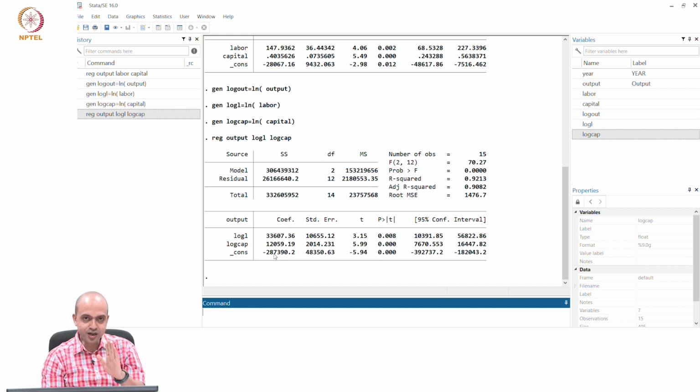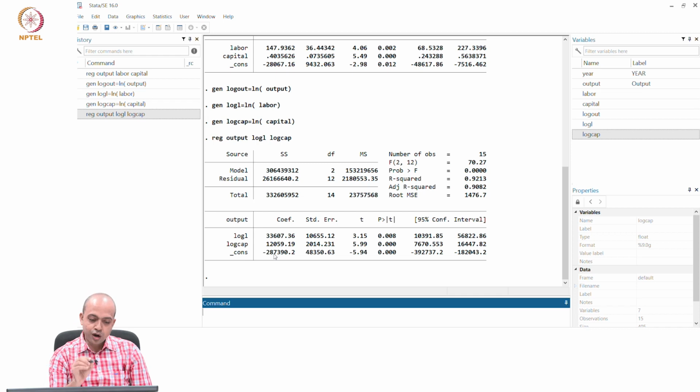Okay. Is this clear? That is what we have derived. For Lin-log model, if you need to interpret the coefficient, what you do? You divide the coefficient by 100, that would be the unit change in your expected value of yi for 1% change in the xi.